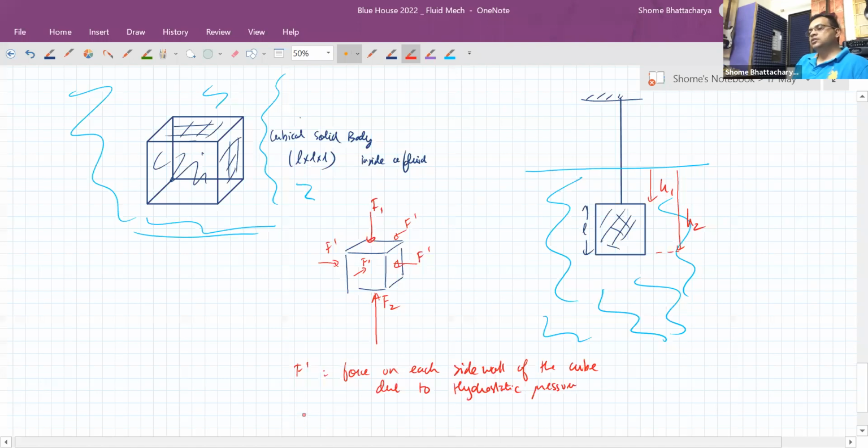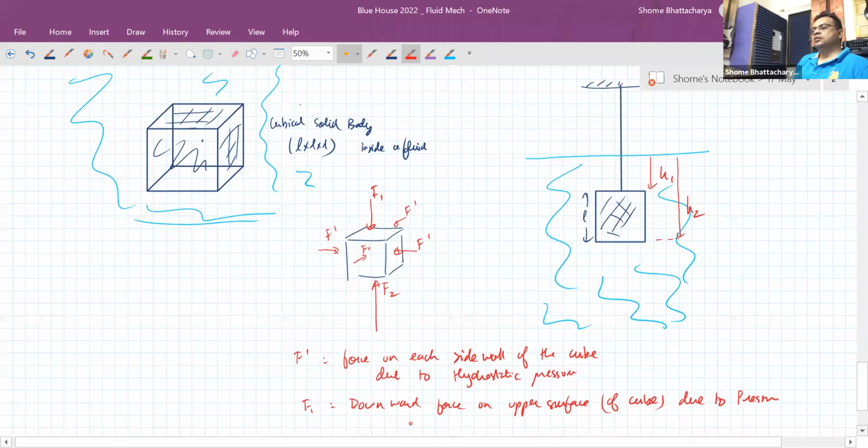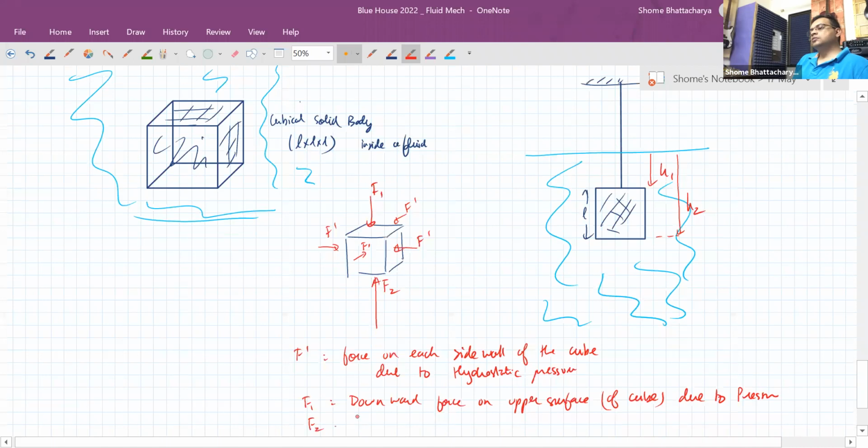But F1 is the downward force on the upper surface of the cube due to hydrostatic pressure. Similarly, F2 is the upward force acting on the lower surface.